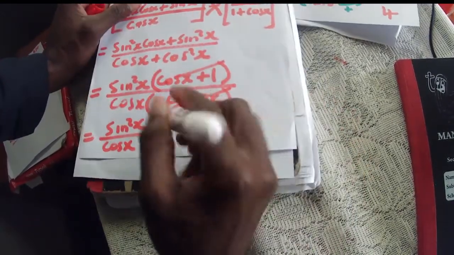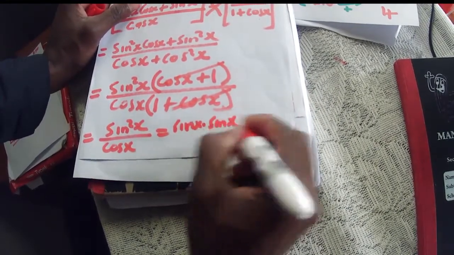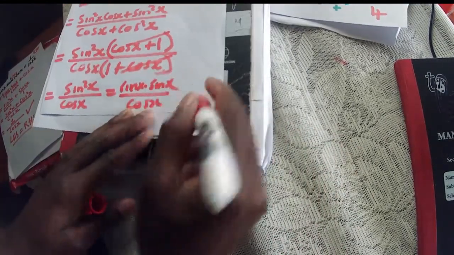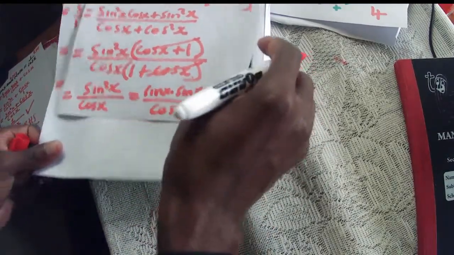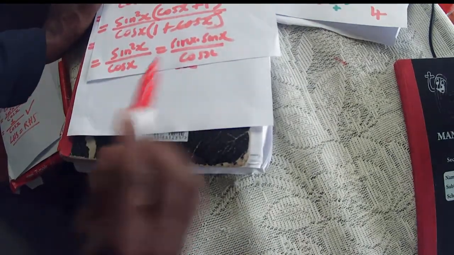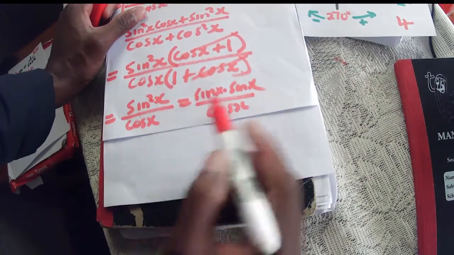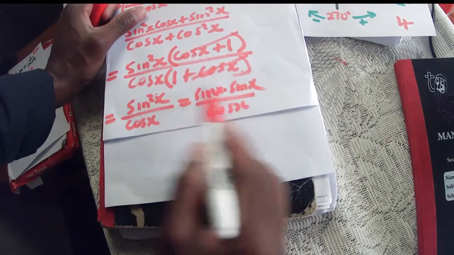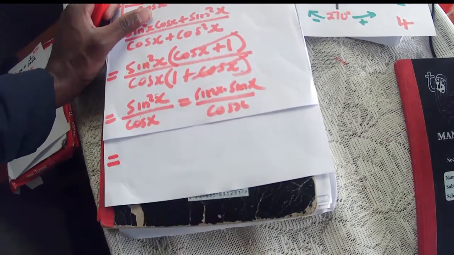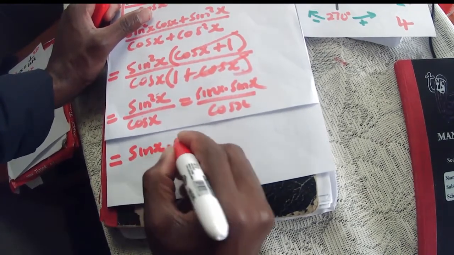I'm going to take it this side. So this is sine x multiplied by sine x divided by cos x. Why did I do that? Because we have sine squared, so sine times sine is sine squared, so I'm writing it in that format. So it is equal to, I'm going to continue right here. Let me try to write it clearly.